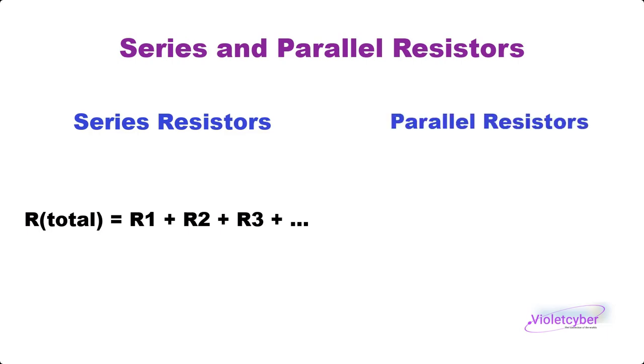Parallel resistors. When resistors are connected in parallel, the total resistance is calculated using the reciprocal formula, like this. Example, two 100 ohm resistors in parallel will result in a total resistance of 50 ohms.